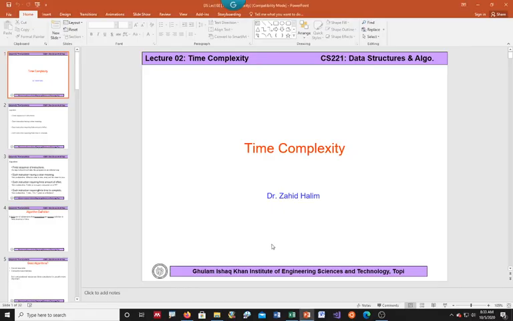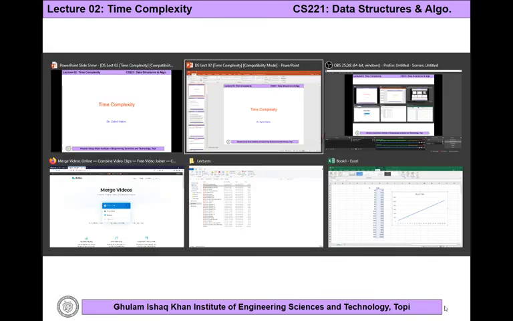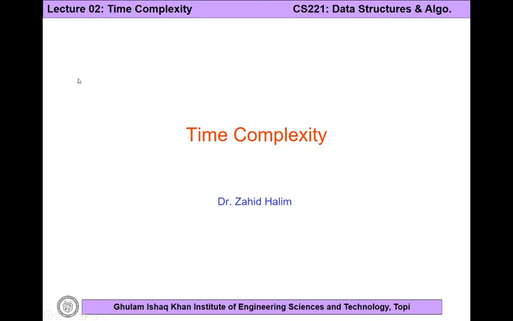Okay, last time we were talking about the time complexity to measure the efficiency of an algorithm or a particular data structure, and during that I told you that the time complexity is not just of an algorithm, but it is of a piece of code as well. For example, this is a piece of code, right?